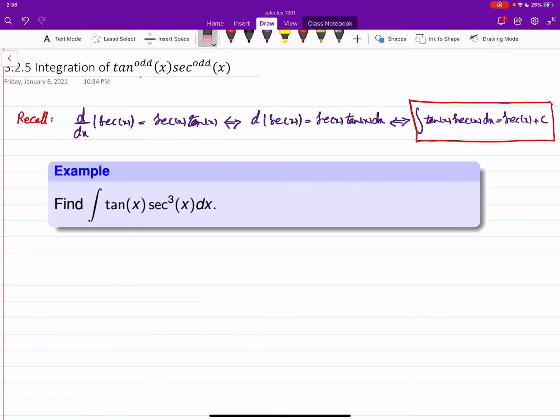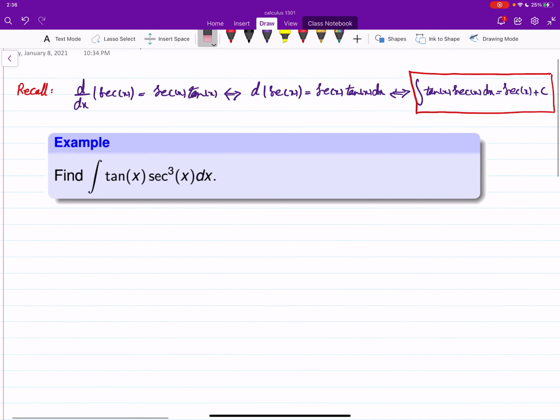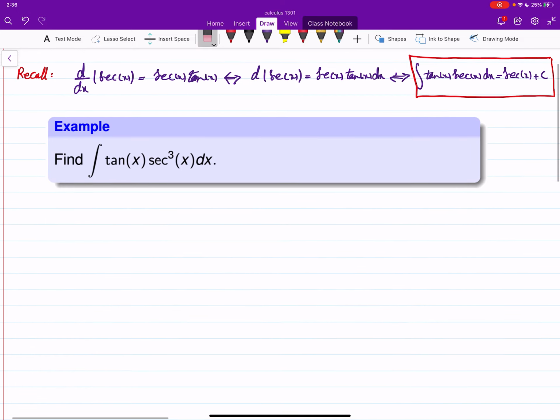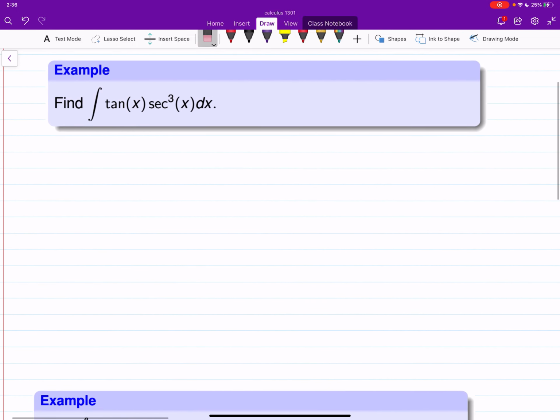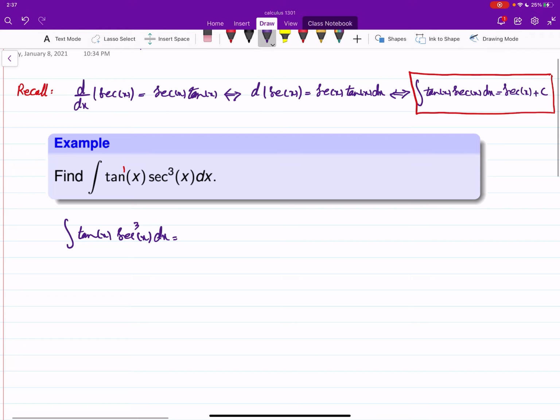Okay, let's go through some examples and I will tell you the key points to see and the key steps to take. So I'll start with this one. Note first that the power of tan is 1 and the power of secant is 3. Both of them are odd. So if I start going with that integrand, I would like to use the fact that I mentioned up there.